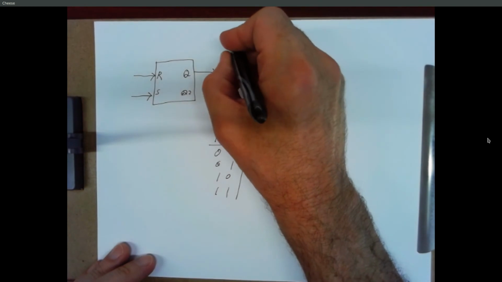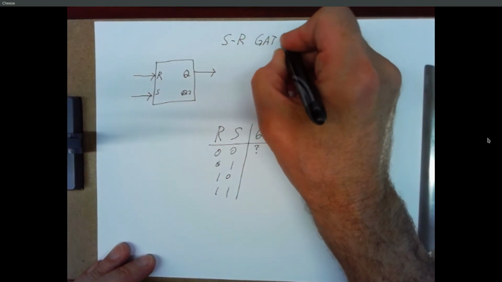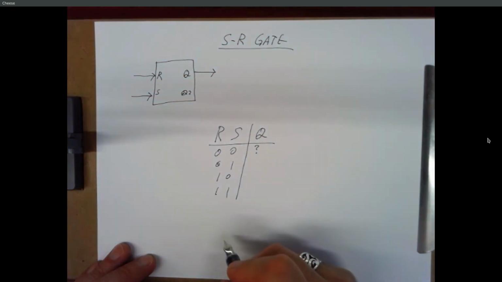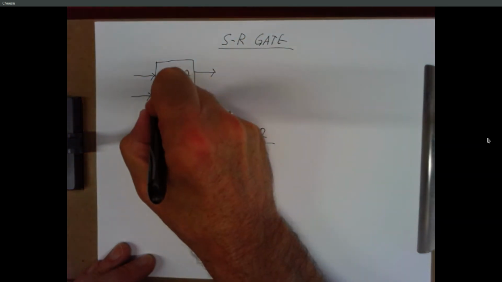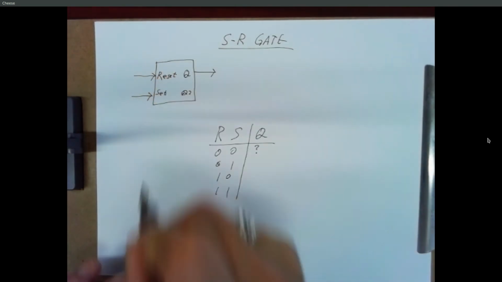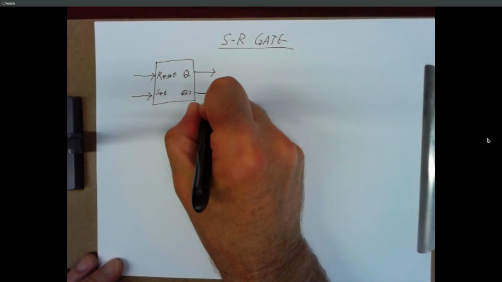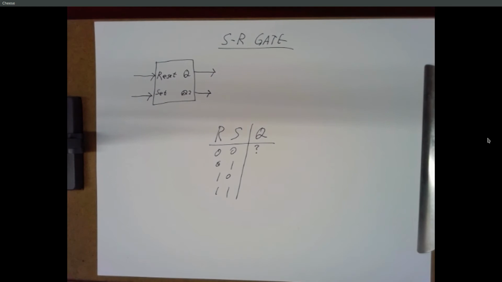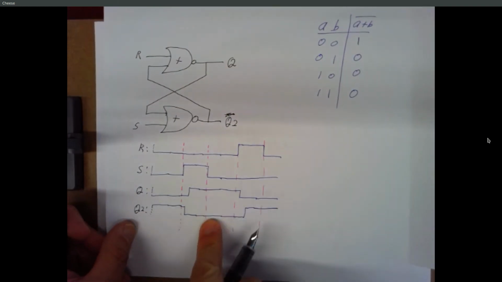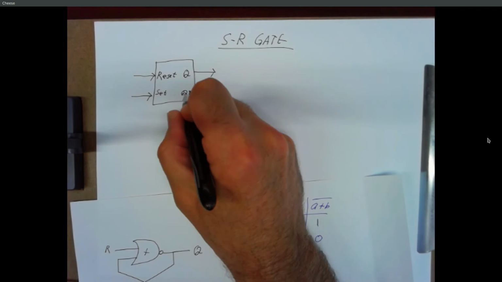And we just kind of unimaginatively call this an SR gate. We can think of S as being a set input, and we can think of R as being a reset input. And since Q2 is always the opposite of Q, that's why we call this output Q bar.